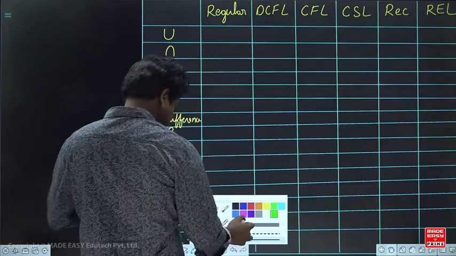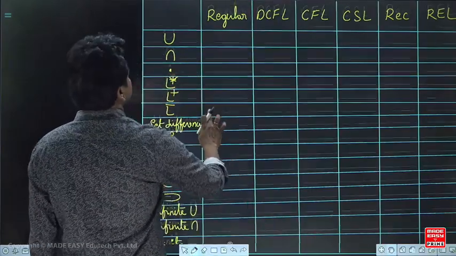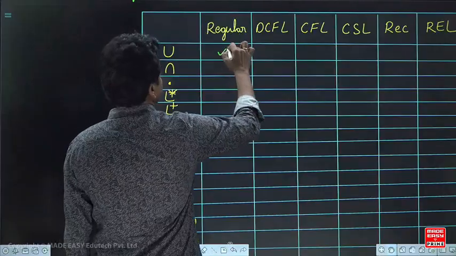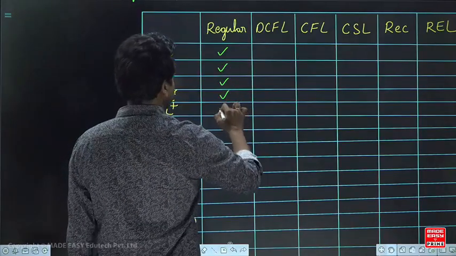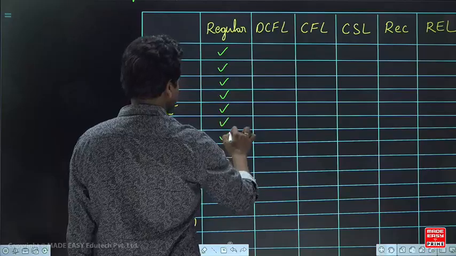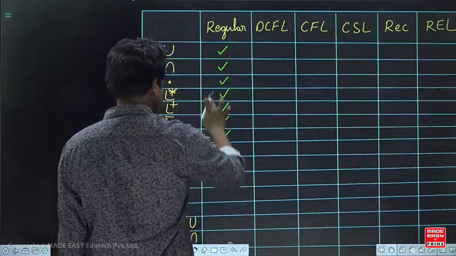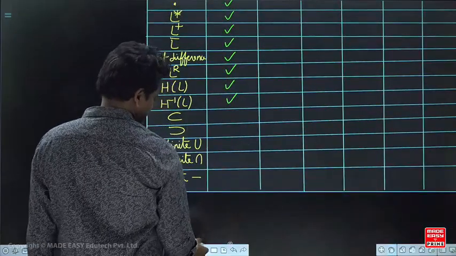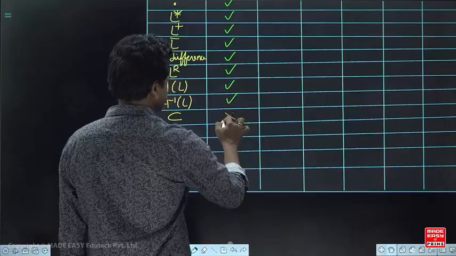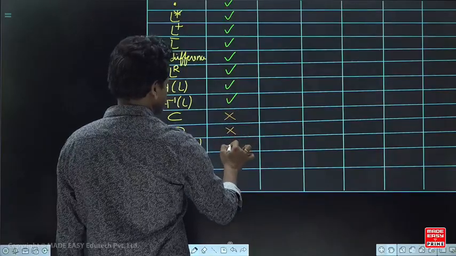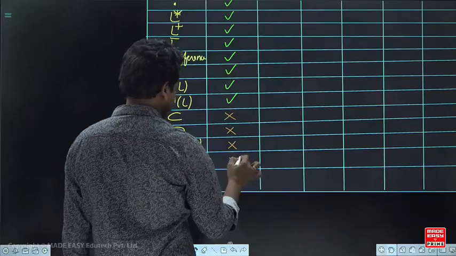Yeah, right, Subi. Now, regular languages are closed under every operation except subset, superset, infinite union, infinite intersection, infinite subtraction.